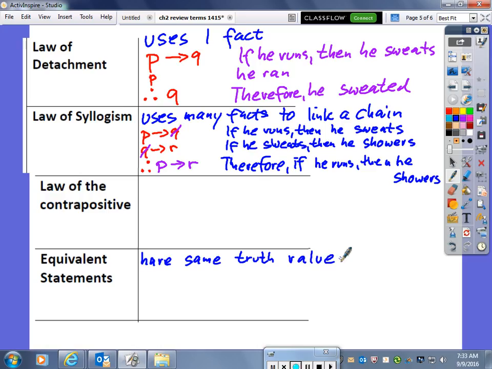And of our four different forms of a statement that we discussed, we have two pairs that always have the same truth value. The converse and the inverse have the same truth value. And so do the conditional and the contrapositive.